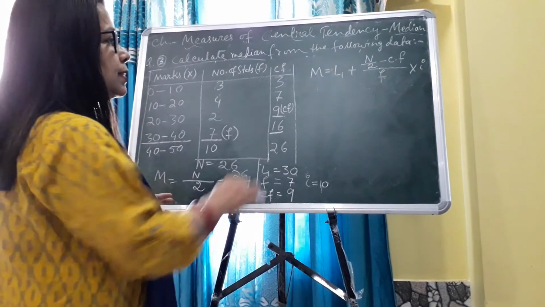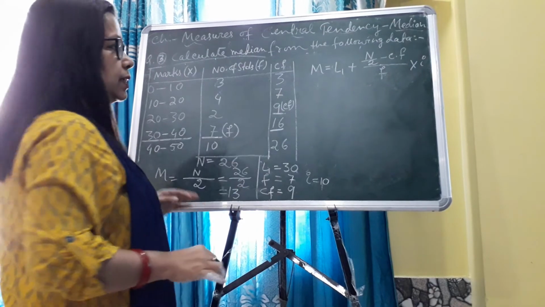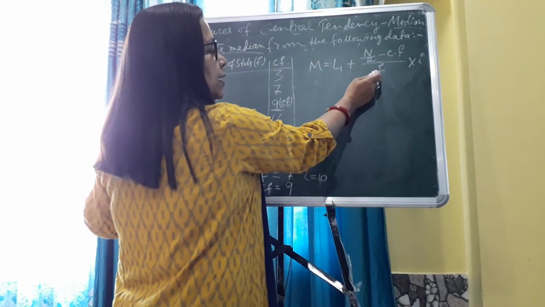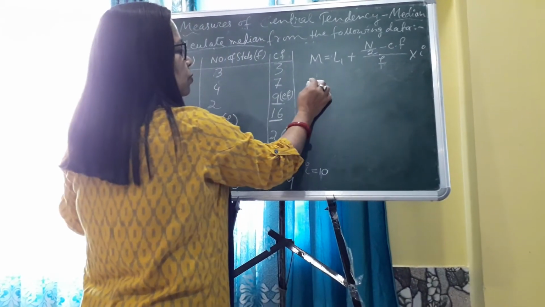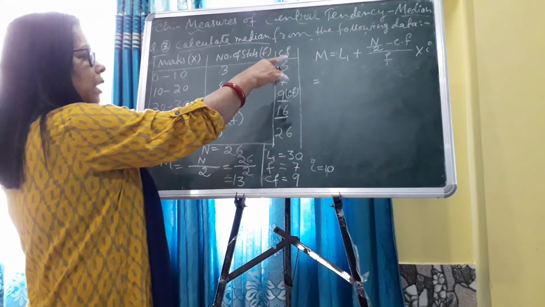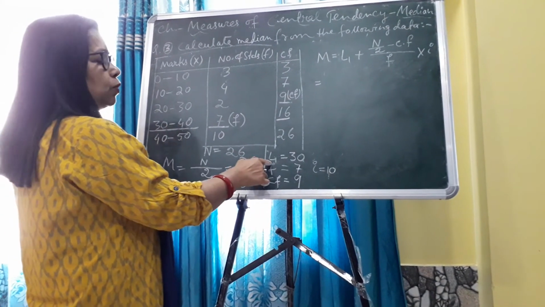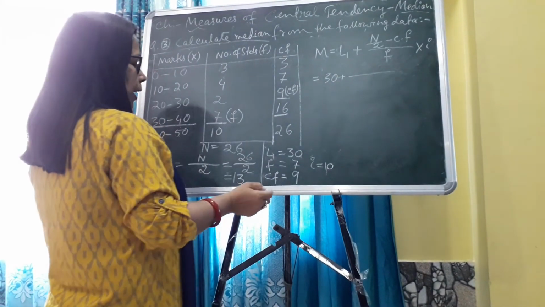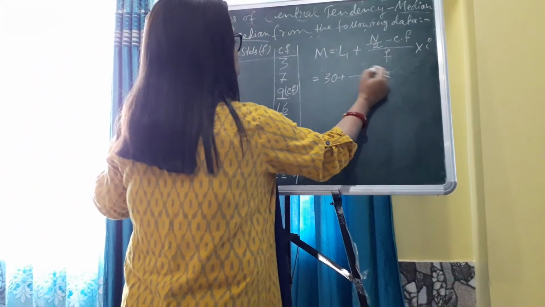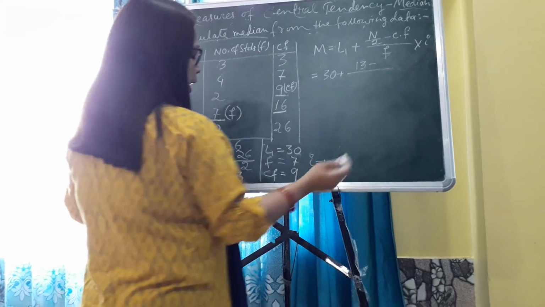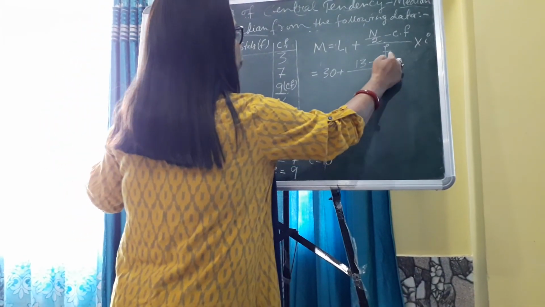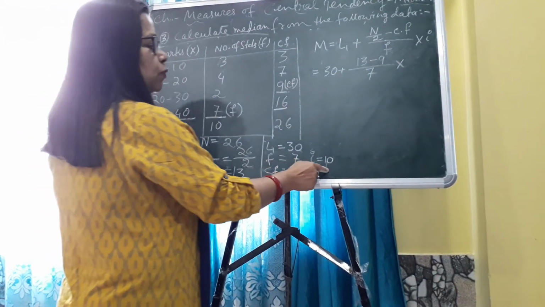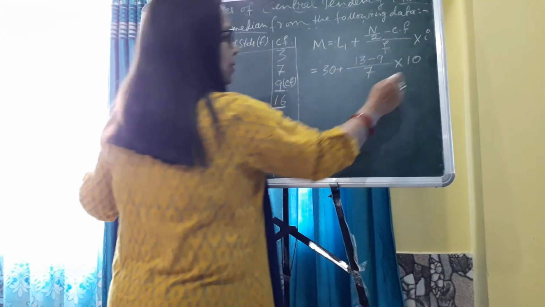So now in continuous series, the median formula here I have written: L1 means lower limit plus n divided by 2 minus CF, divided by f, into I. So now one by one you put the values: L1 lower limit 30, plus n by 2, 13, minus CF 9, divided by frequency 7, into gap I, I is 10.